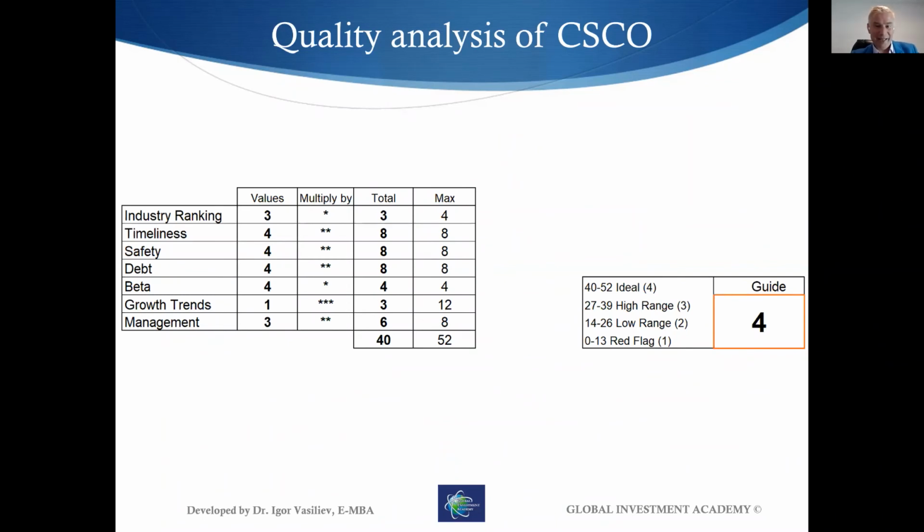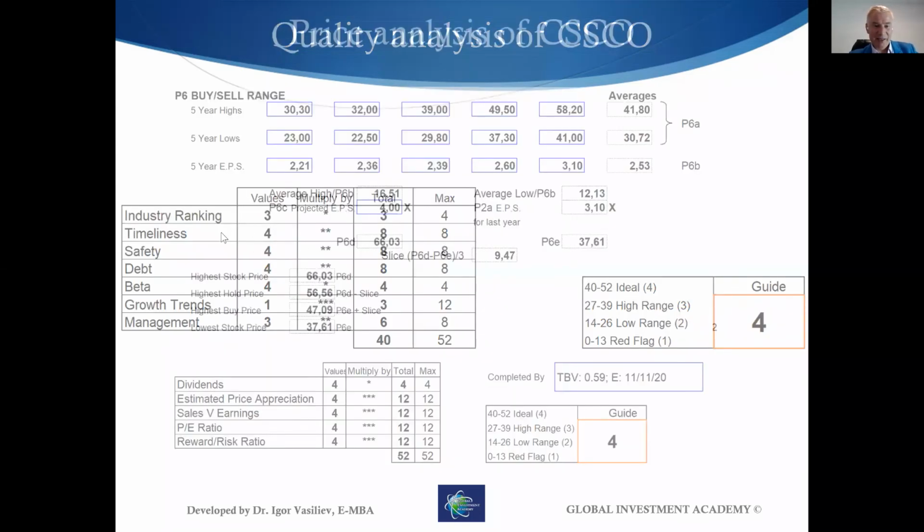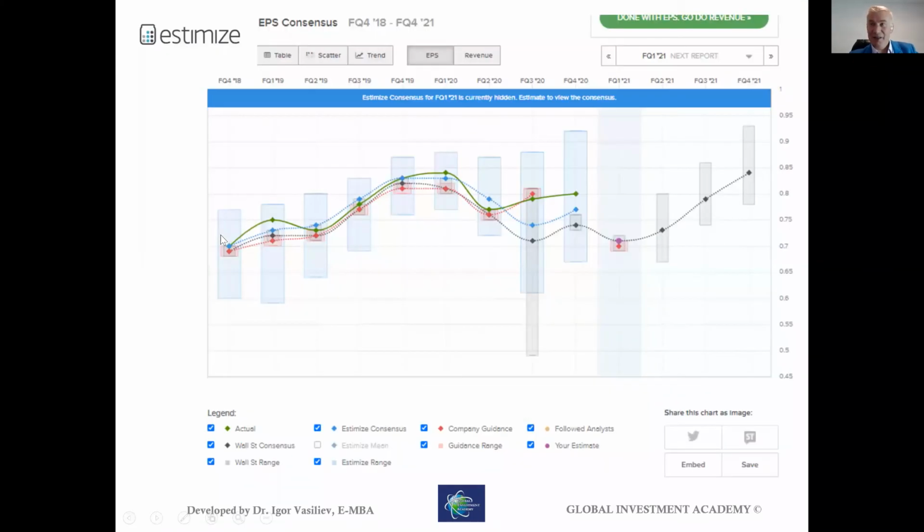All right. By the way, this is the Estimize website, and just a second, it seems like there's a delay on your page. So this is the Estimize range, and you can see the green dot where the actual earnings are, and you can see Cisco is usually in the exact place, or sometimes higher.